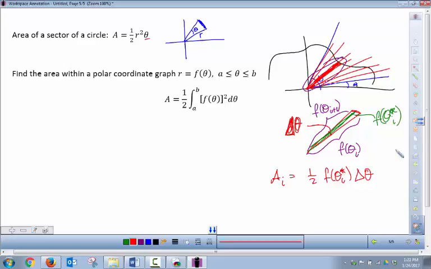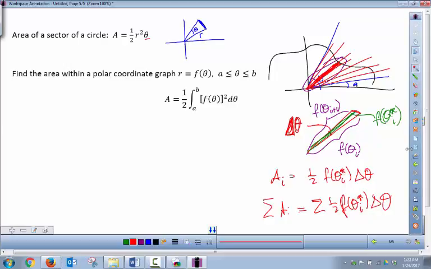And so we add up a whole bunch of these things, and you get your Riemann sum that eventually becomes an integral. The i plus 1 just means it's the next angle that you're looking at.